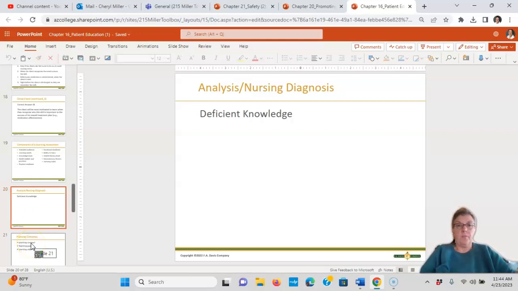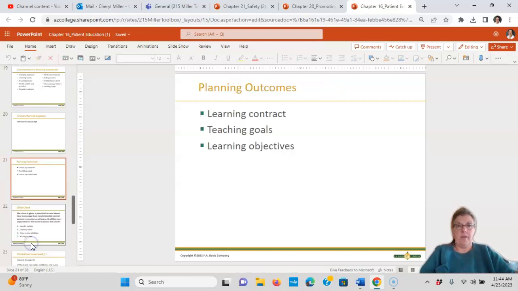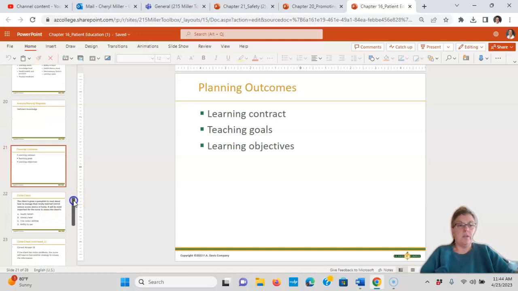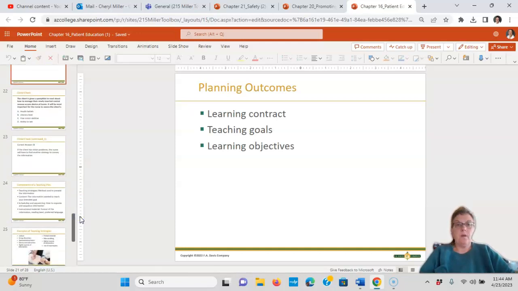And then we are going to bring them into the realm of knowing. So planning outcomes, you're always looking for a learning contract or a teaching goal and your learning objectives. What's your objective in teaching them? What do you want them to be able to do before you get them home?